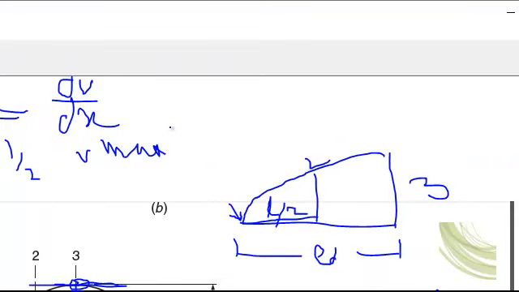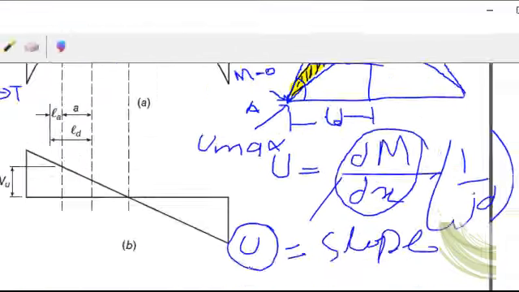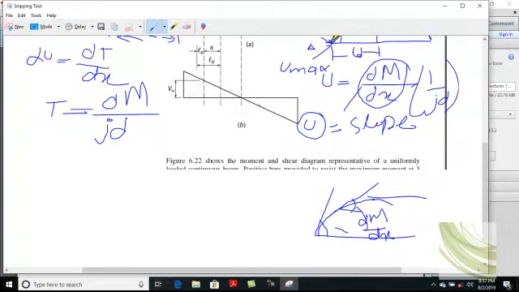For example, this is the shear diagram. At this point, the change in the shear diagram with respect to x is basically equal to the load in the loading diagram. Clear? At this point, it will give you the rate of loading.